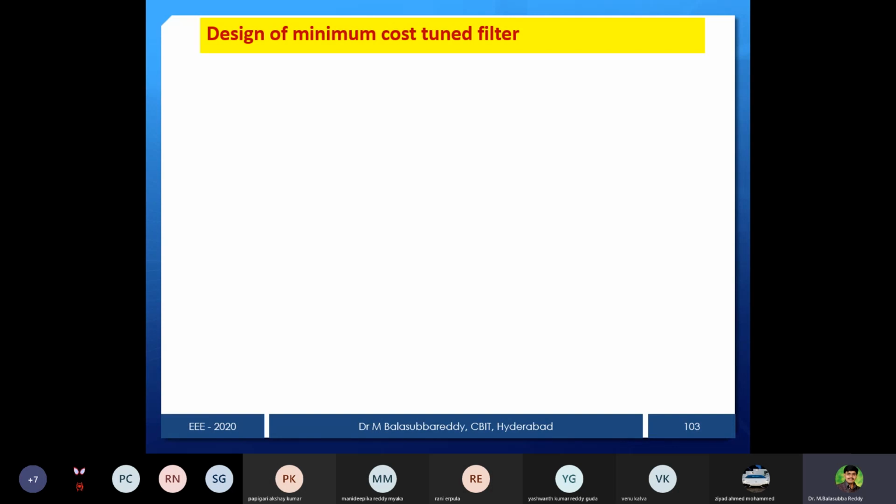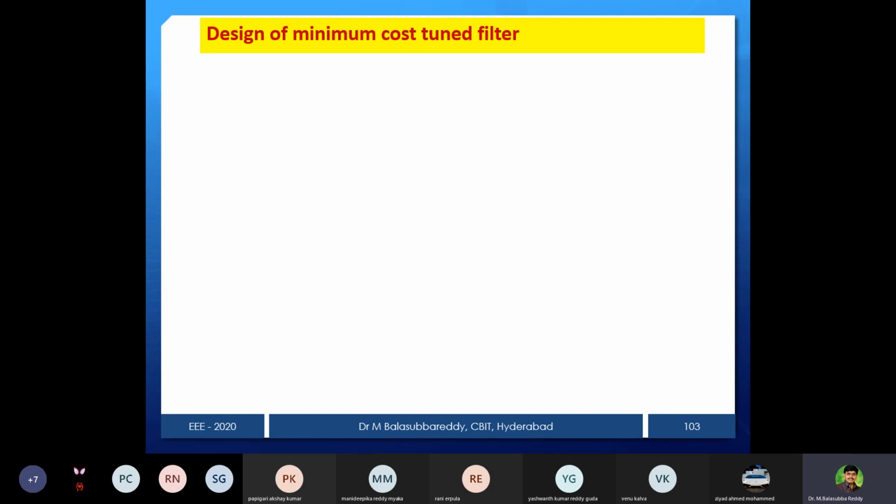That is only the concept, because why are we using a filter? Because of harmonics. Once harmonics are injected in the lines, there is a lot of disturbance, which we also discussed in the previous class. To overcome that, one advantage of designing a filter is that this filter will supply some of the reactive power.